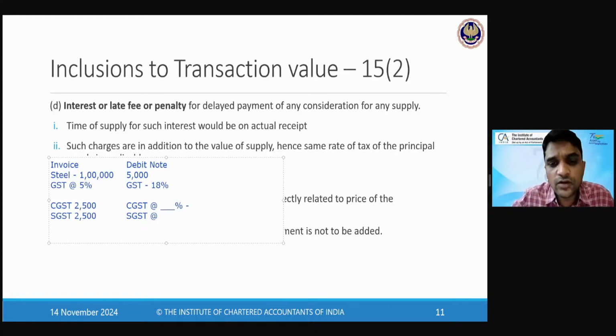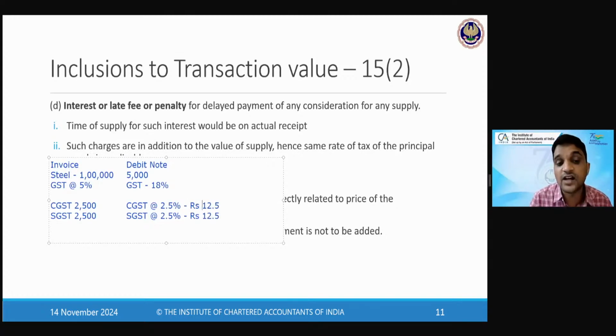Okay. So most of you are saying that it should be 9%. No, it should not be 9%. This provision says that when such charges are in addition to the value of supply, the same rate of tax of the principal supply has to be applied. So what is the rate of tax on the principal supply? It is 2.5%. So you have to charge on 5,000 rupees, 2.5%. 125 rupees CGST, and this also at 2.5%, you will charge rupees 125.